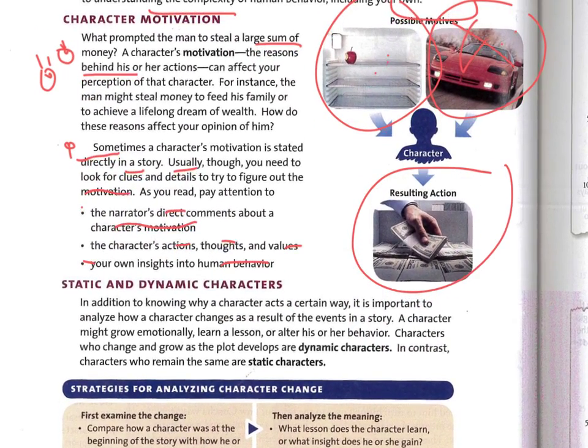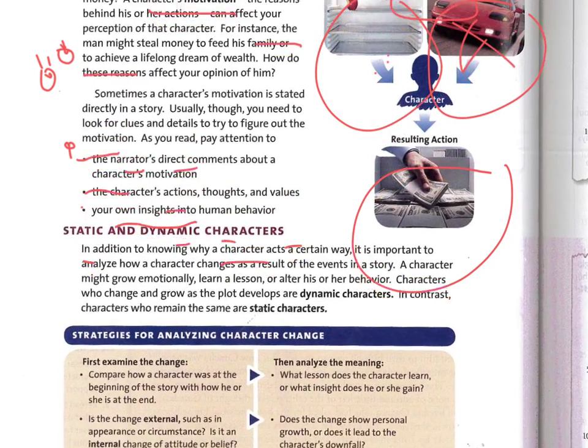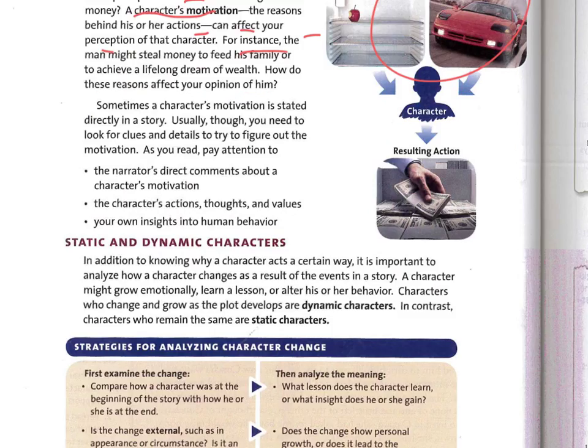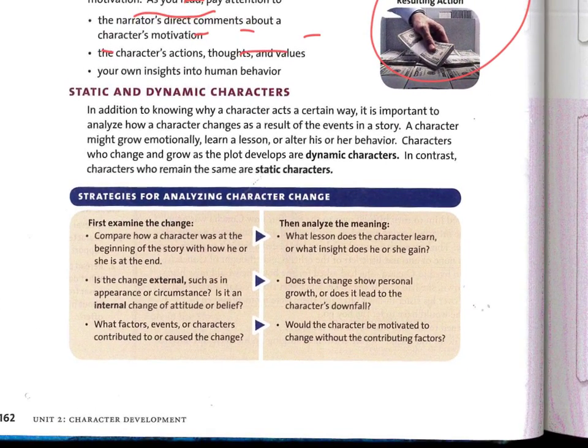Okay, so I introduced this to you earlier. Static and dynamic characters. In addition to knowing why a character acts a certain way, it is important to analyze how a character changes as a result of the events in a story.